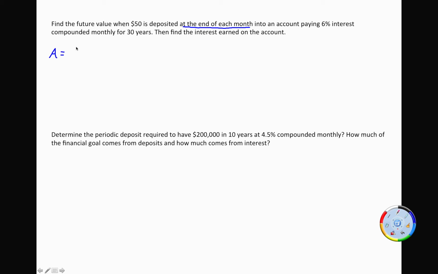A equals P times 1 plus R over N to the NT minus 1, all over R over N.